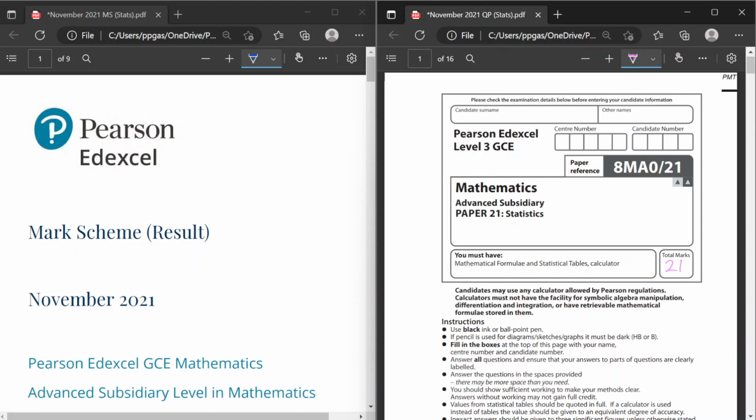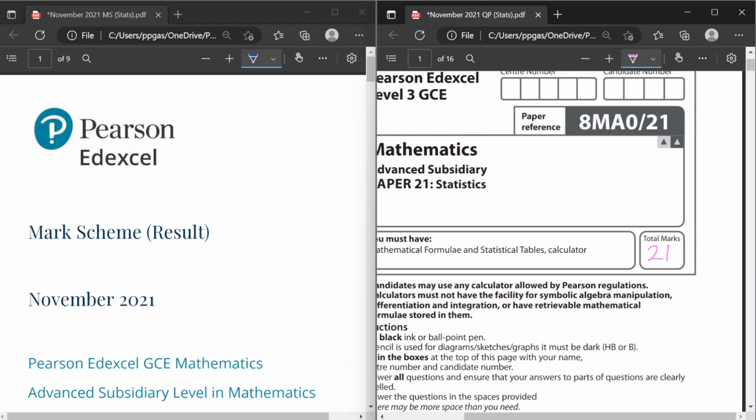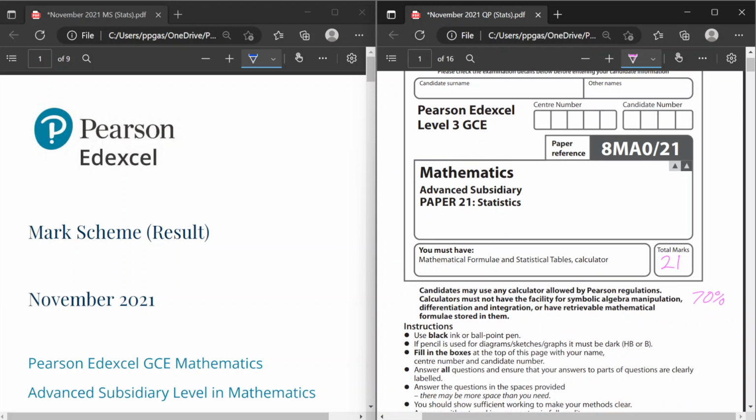The silly mistake on the histogram one, it's kind of hard to avoid, really, because you just don't make them, I suppose. That is the advice for that. But yeah, 21 out of 30. What's that as a percentage? Oh, 70%. I don't know what grade that is. It's AS, so it's probably not too high.